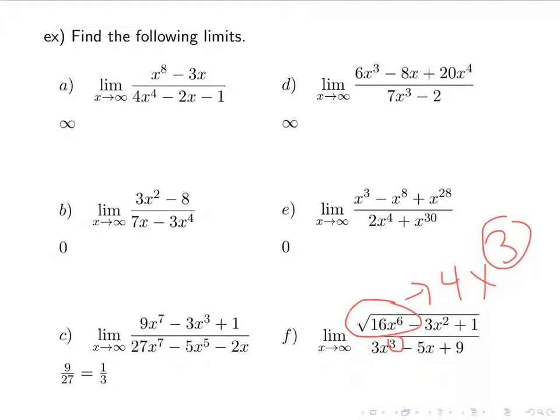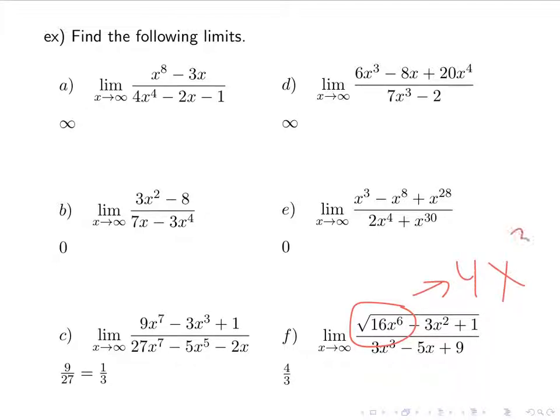So the degree on the top and the bottom are both 3. The leading coefficients are 4, again, the square root of 16, over 3. So the limit is 4 over 3. So just be careful if you've got a root in there to make sure that you're actually doing the square root. So again, this will go to 4x cubed.